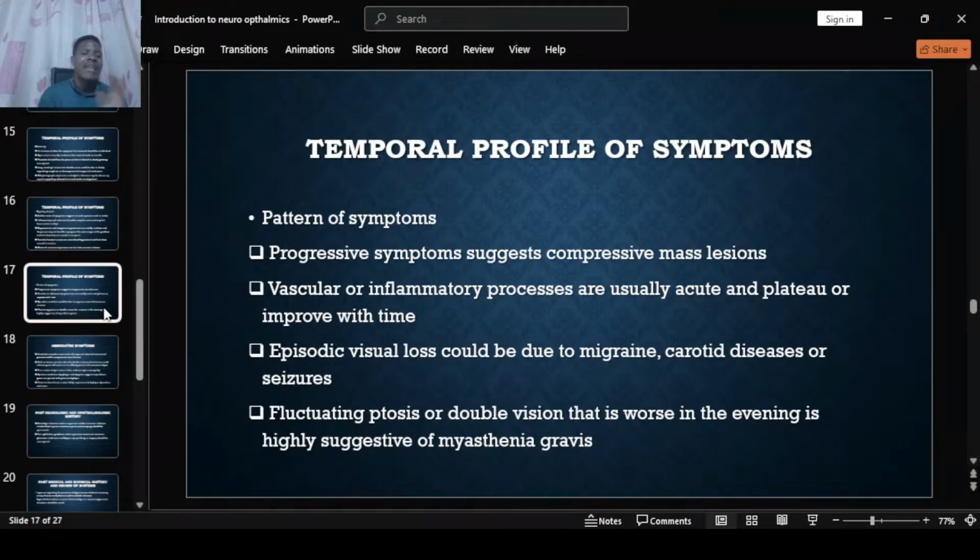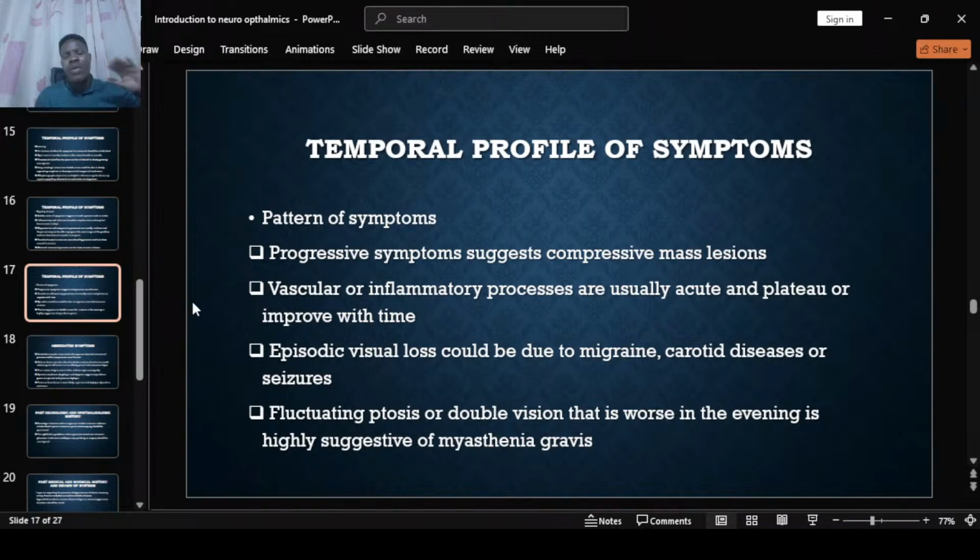Also, the pattern of symptoms. This is very, very important. Progressive symptoms suggest compressive mass lesions. So when the symptom is progressing, getting worse over time, we are dealing with a compressive mass lesion, a lesion that is compressing the structures around. Also, vascular or inflammatory processes are usually acute and plateau or improve with time.